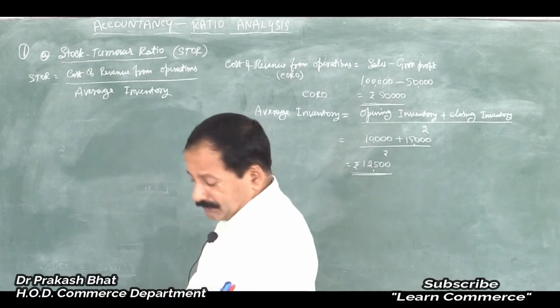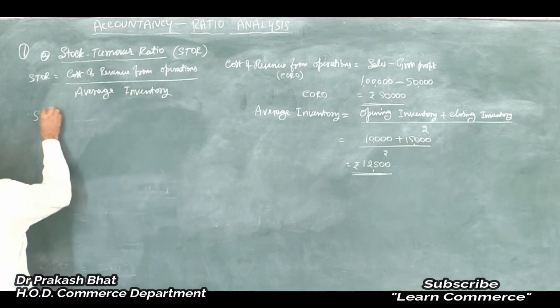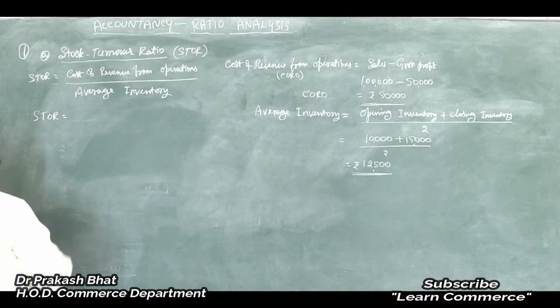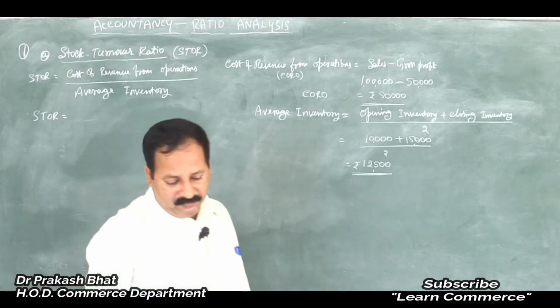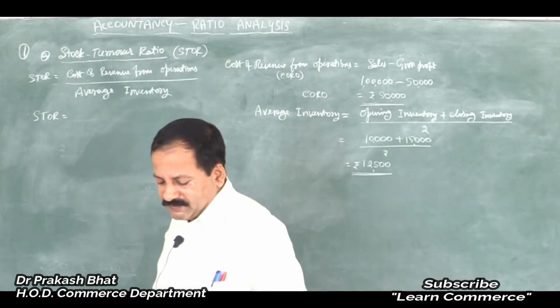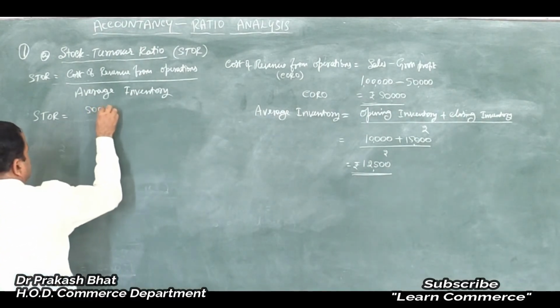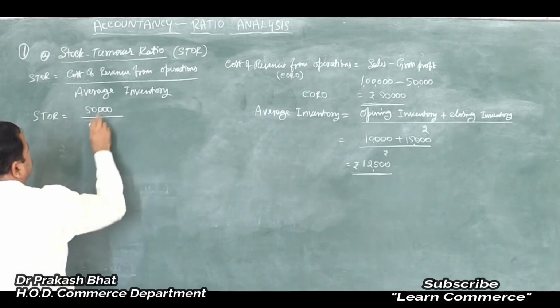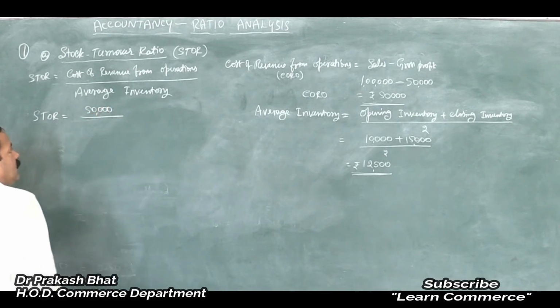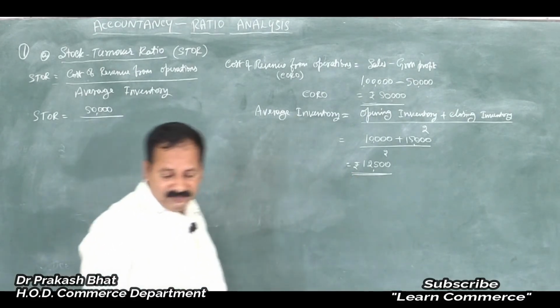So now calculate the stock turnover ratio, isn't it? We have both the figures here now. So stock turnover ratio is equal to cost of revenue from operations. How much it is? 50,000, right? 50,000 divided by average inventory, that we have already calculated, 12,500.